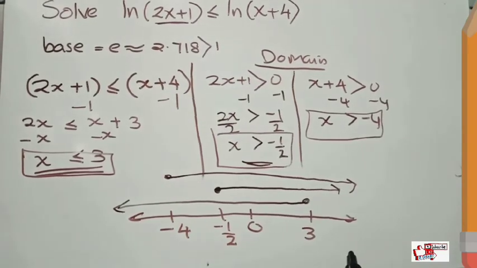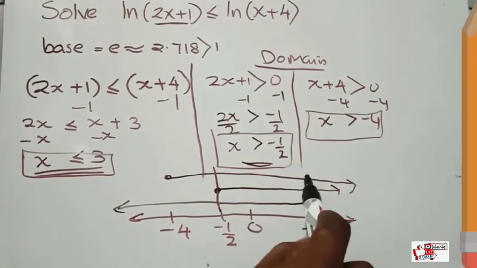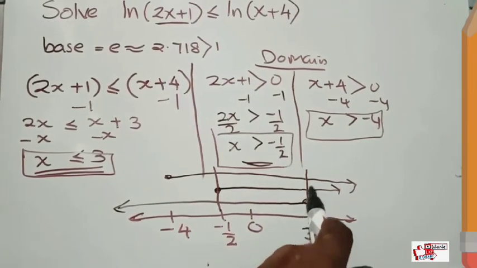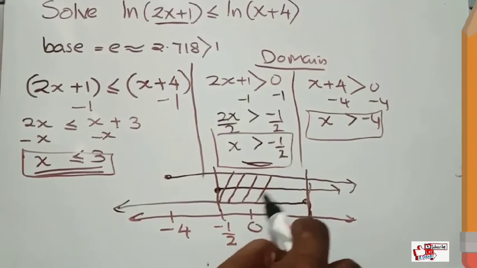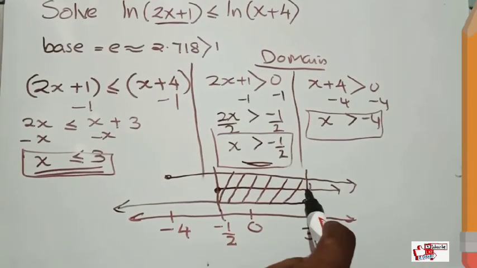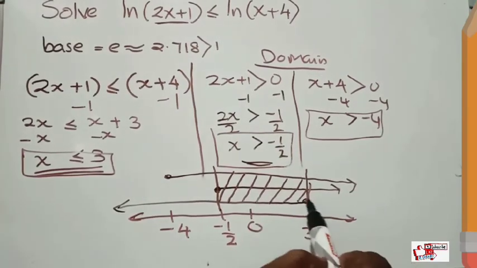Now you see which is the common region here, a region where all the three lines you can find. Yeah, it is from here to here, isn't it? This is the region where you can find all the three lines. So this region gives us the solution. And what will be that region?